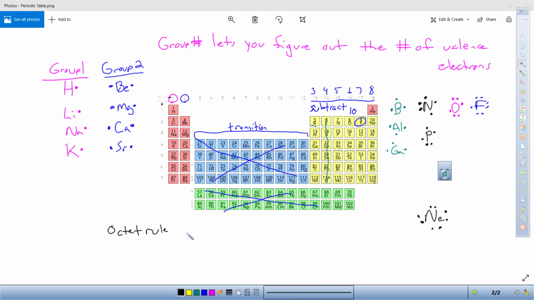So all atoms, all elements want 8 electrons in their outside shell. Now there are exceptions. Remember we said helium only wants 2 because it's too small. Well, as does lithium and hydrogen. Those guys only want 2. They're not big enough to hold 8. But other than that, the octet rule says all atoms want 8.